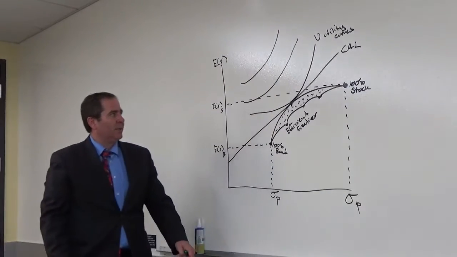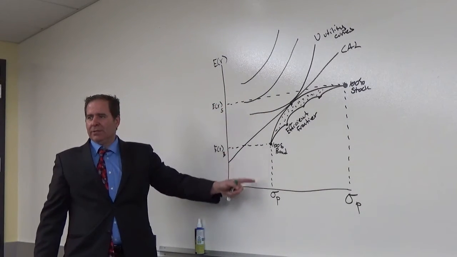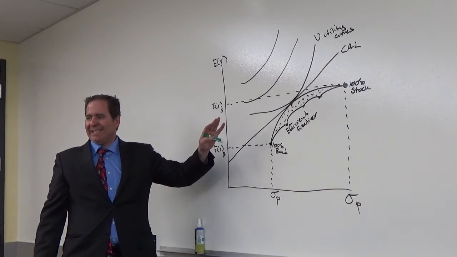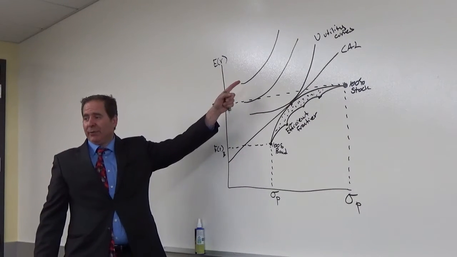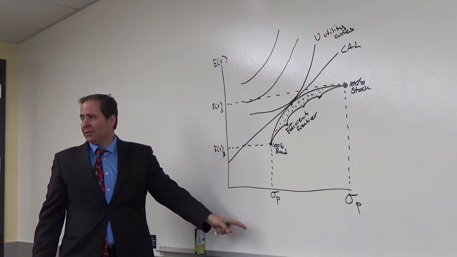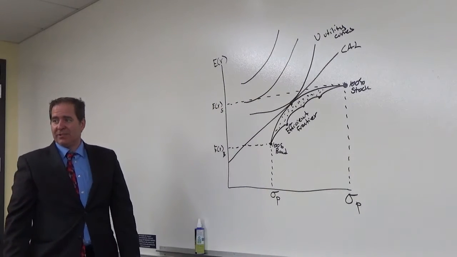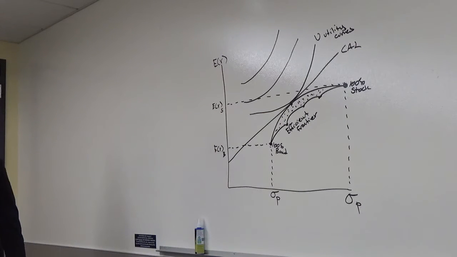Wouldn't you love to get high return and low risk? But there are no assets in the marketplace that provide high return and low risk. You have to be compensated for the return. You have to take on more risk to get more return.